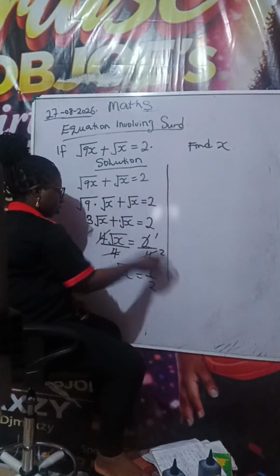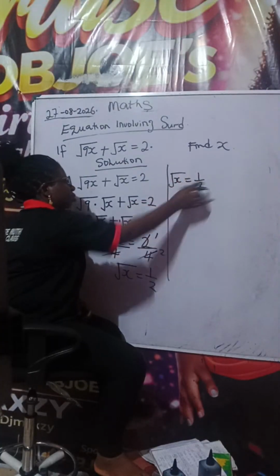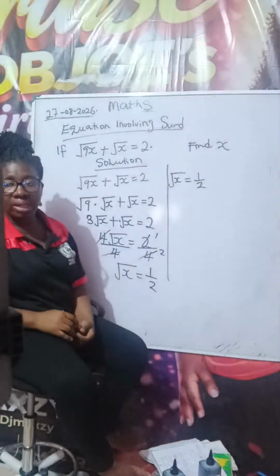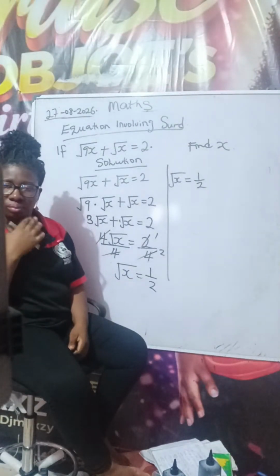Now this is what is remaining. We have root x equals 1 over 2. So what do we do to get the final answer?